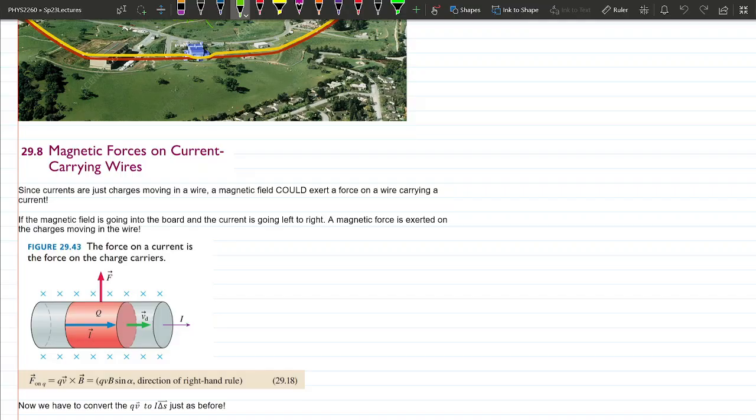Okay, so one thing we've talked about so far is that we can figure out the magnetic force on a charge. Remember the Lorentz force, or easier to remember, just call it the magnetic force. We can calculate what that is.